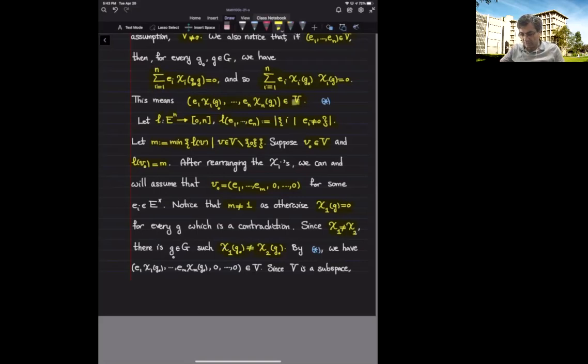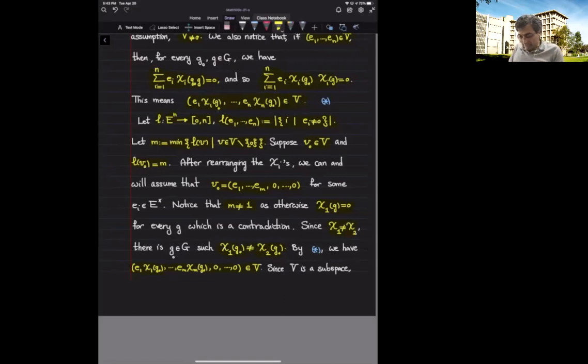I mean this. Because this vector V naught belongs to V, when I multiply the first component by chi 1 of G naught, the next component by chi 2 of G naught, and so on, I will still be inside this vector space V. So I get that E1 chi 1 G naught, E2 chi 2 G naught, and so on is still inside V.